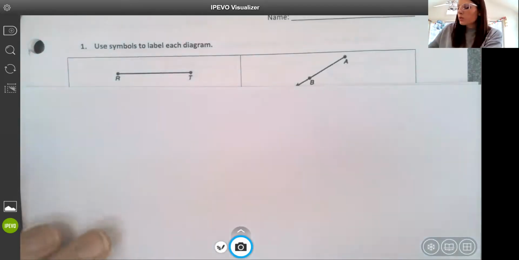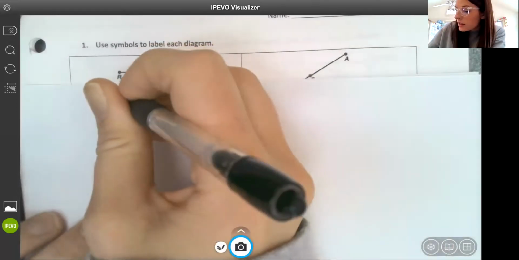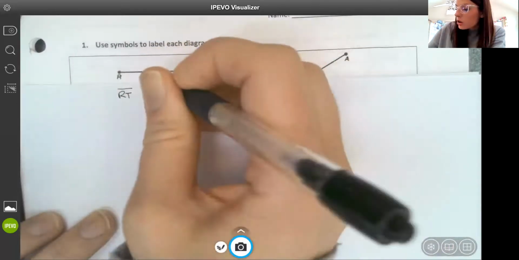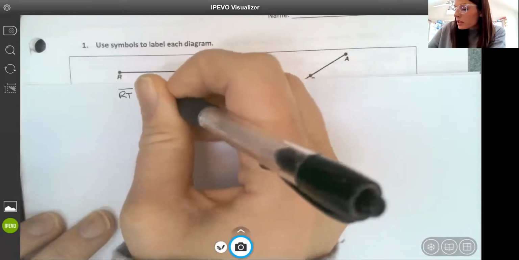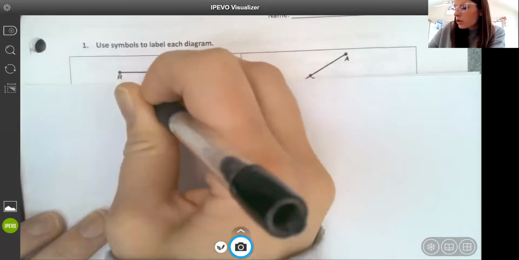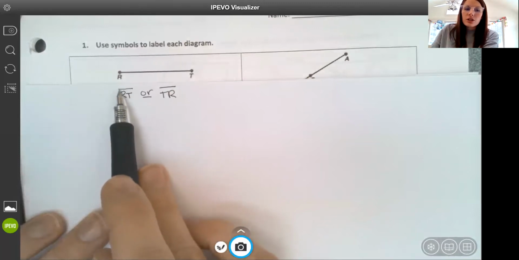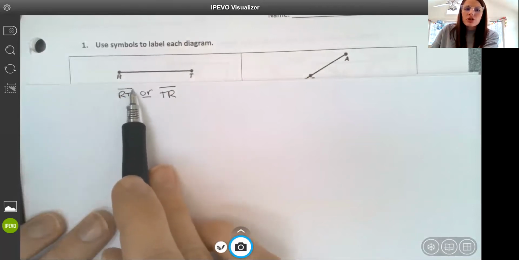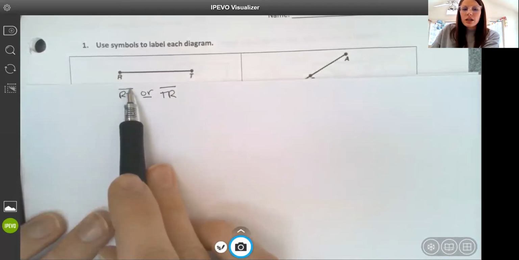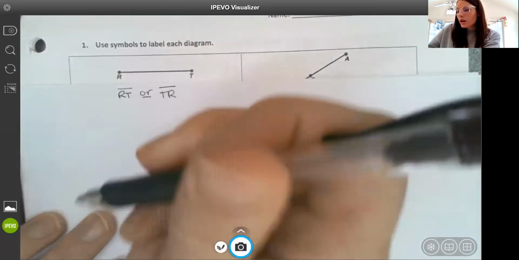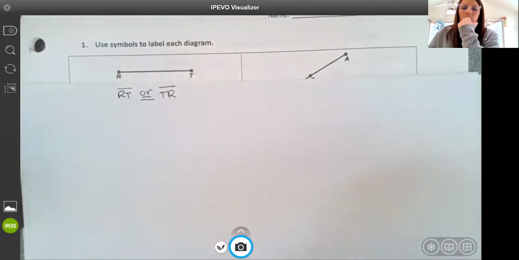No, because it's the same both ways. So I can either write segment RT or segment TR. Either one is fine. It's just notation, so I have a little line segment above it. Don't leave that out though.